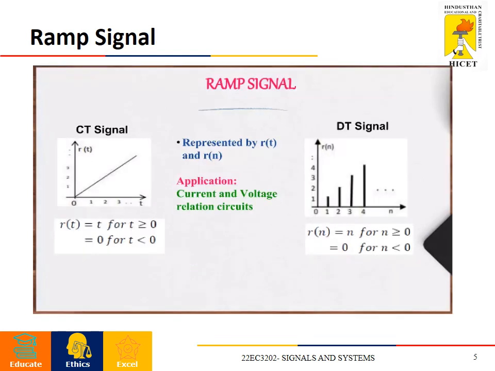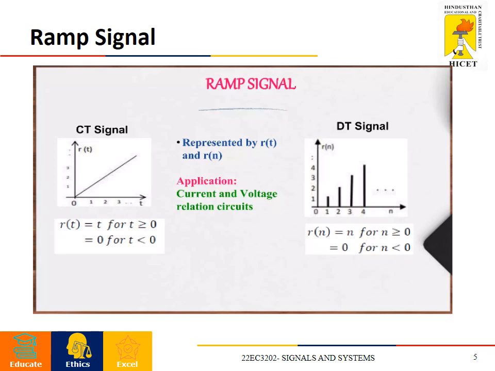The next signal is the ramp signal. It can be represented in both continuous time signal and discrete time signal. Here, r of t is equal to t for t greater than or equal to 0. For t less than 0, it will be 0. So when t equals 1, the signal will be 1.